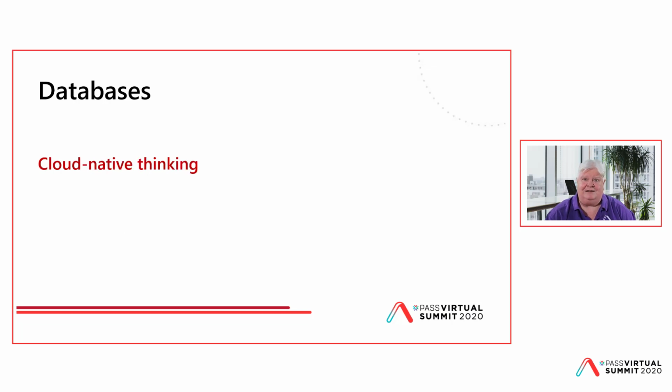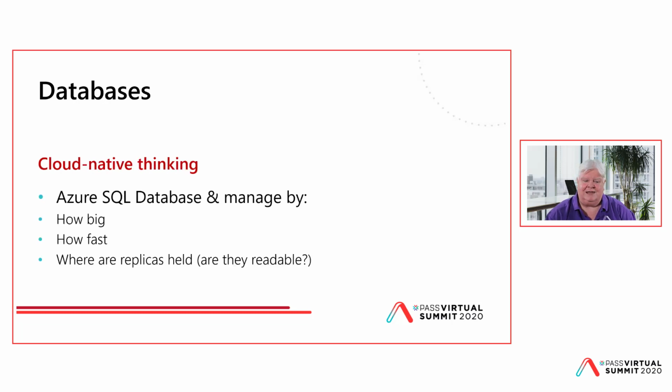Now, cloud native thinking in terms of databases is that we use something like Azure SQL Database. I'm a big fan of the standard platform service. So Azure SQL Database. I want to manage a database in terms of how big is the database, how fast does it have to be, maybe where is it stored, is there a replica, and if so, is the replica readable, and so on.